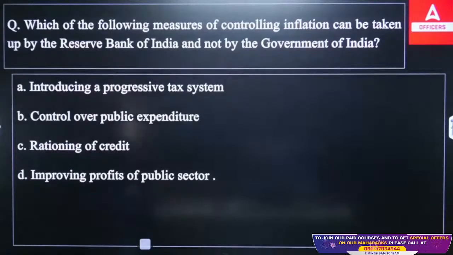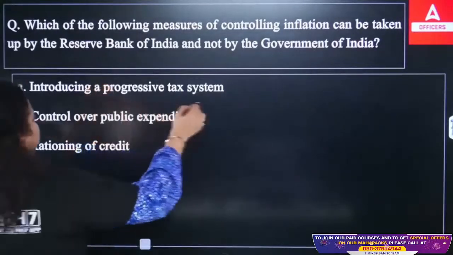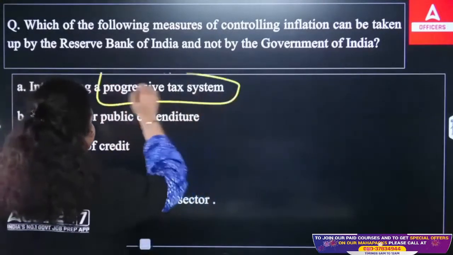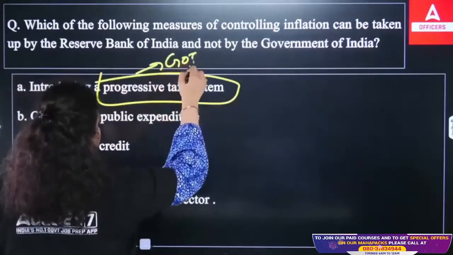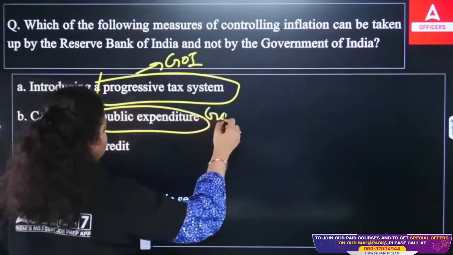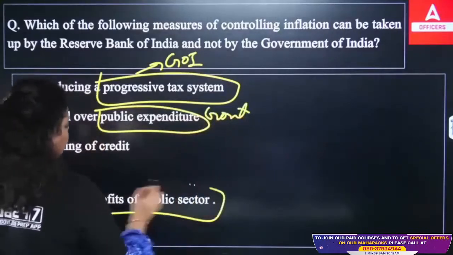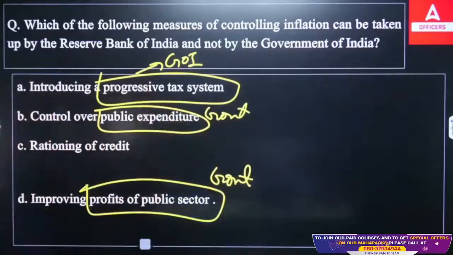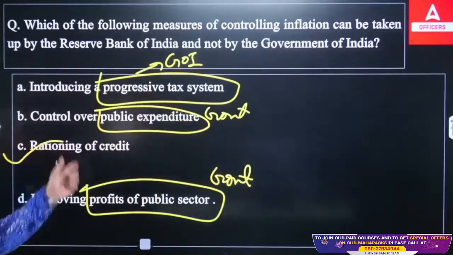Okay, so the right answer here will be, first is saying introduction of progressive tax system. This is in the hands of the government of India, not RBI. Control over public expenditure, again done by the government. Then profits of the public sector is in the hands of the government. So these three measures will be taken by the government of India in the fiscal policy.